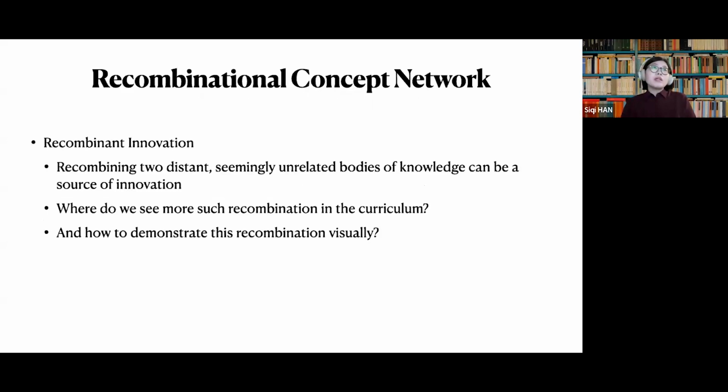So the first one, the recombinational concept network, is based on a theory that I have already hinted at when I constructed that entity index. The theory is called recombinant innovation theory, prevalent in management literature. It says recombining 2 distant, seemingly unrelated bodies of knowledge can be a source of innovation.